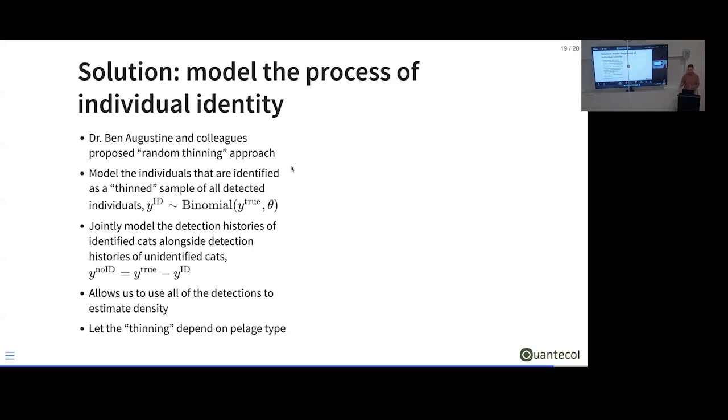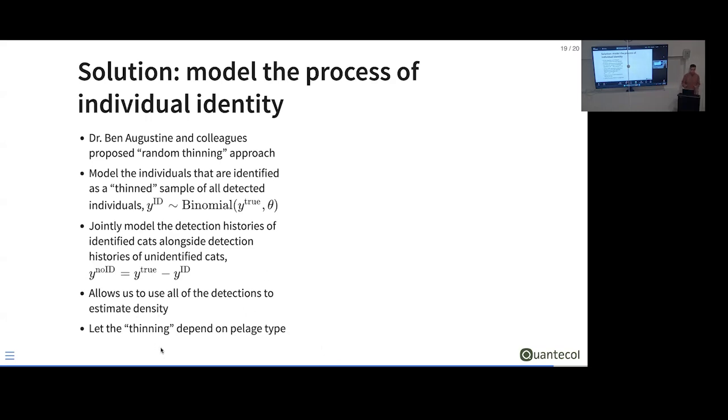And then his model is quite complex. You can't fit this in just any software because you have these custom MCMC samplers to accommodate the constraint that the unidentified individuals are what remains from the truth, which is latent, and the identified individuals.